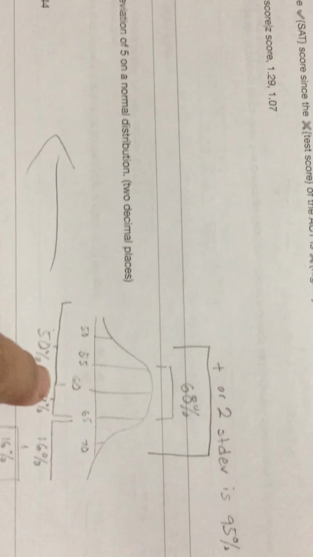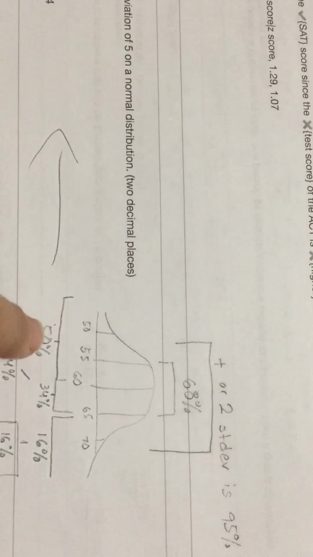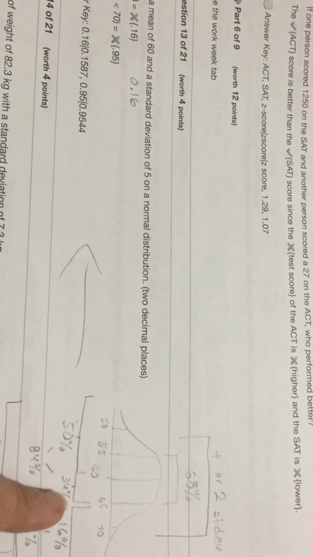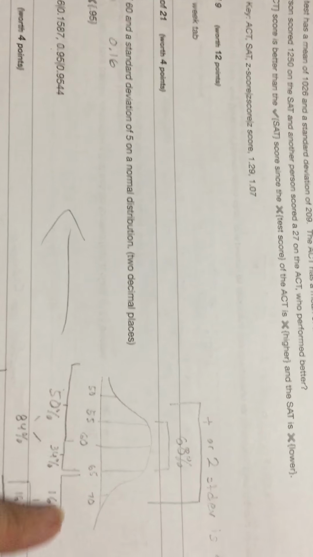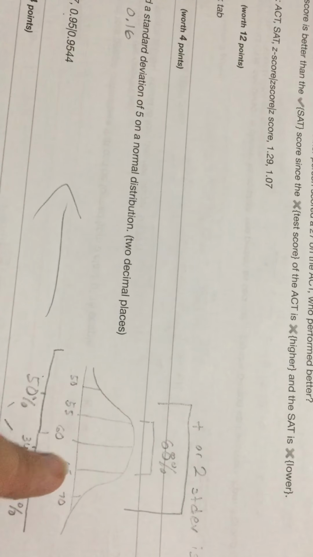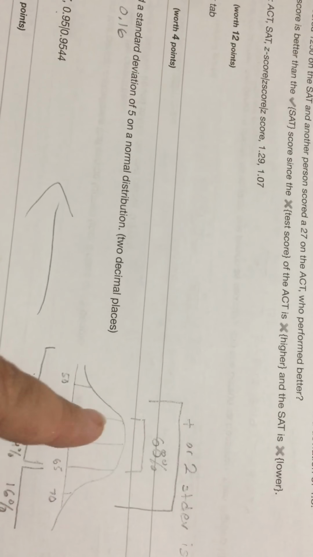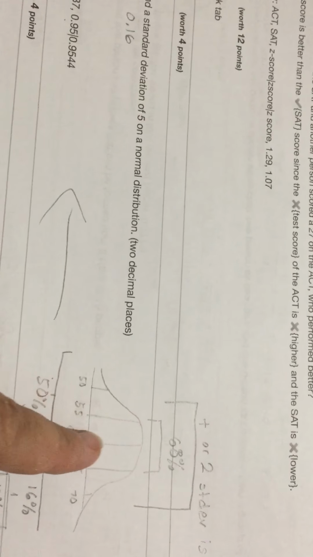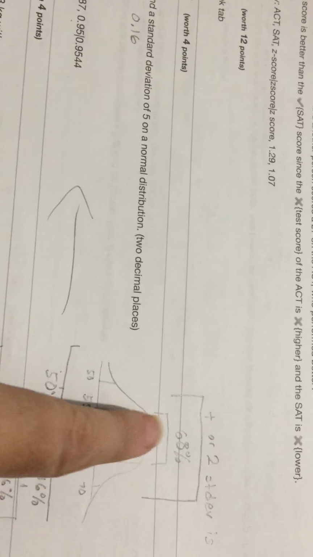Now from the first standard deviation to the second, from 55 to 65, 68% of everything is going to fall in between these two.